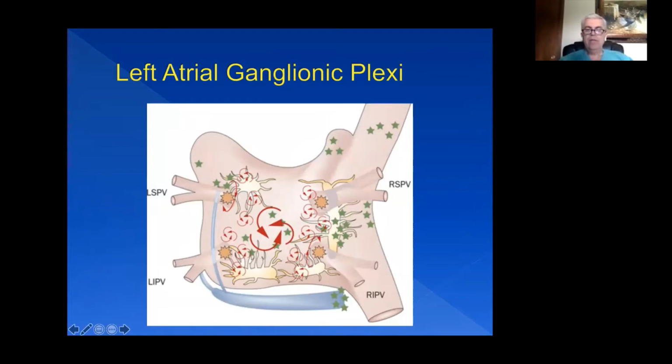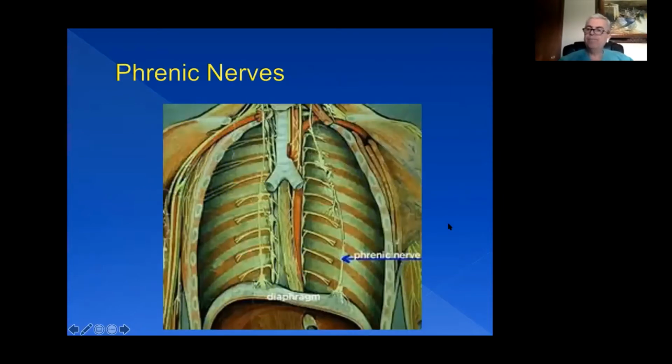Those areas of low amplitude fractionated atrial electrogram tend to be in proximity or in the same neighborhood of those ganglionic plexi. And when we hit one of those areas with ablation, you probably remember noticing the heart rate slowing down, even stopping for a few seconds. That's an indication that we are ablating in the area of the ganglionic plexi.